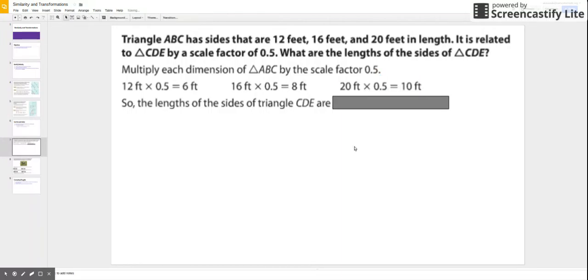And 20 feet times 0.5 gets you 10. So the lengths of the sides of the triangle CDE are 6 feet, 8 feet, and 10 feet. Okay, so all we do is multiply each side by 0.5. This way, now, they all would end up being literally half the size.